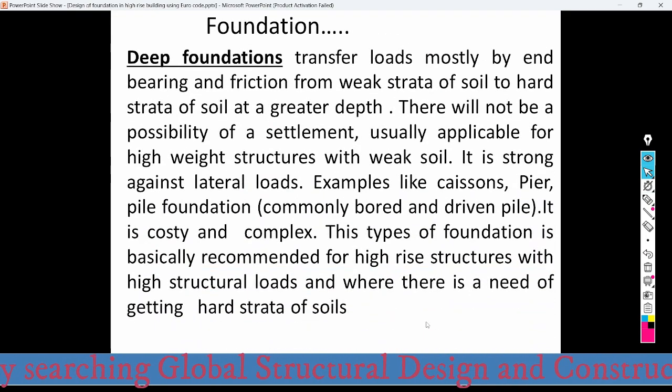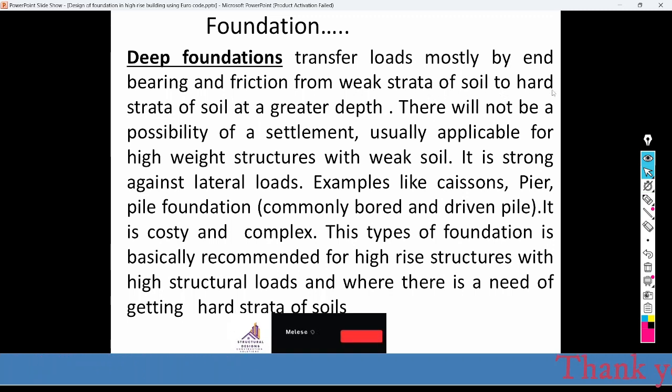And the other type of foundation is the deep foundation, which transfers load mostly by end-bearing and friction from the weak strata of soil to the hard strata of the soil at a greater depth.